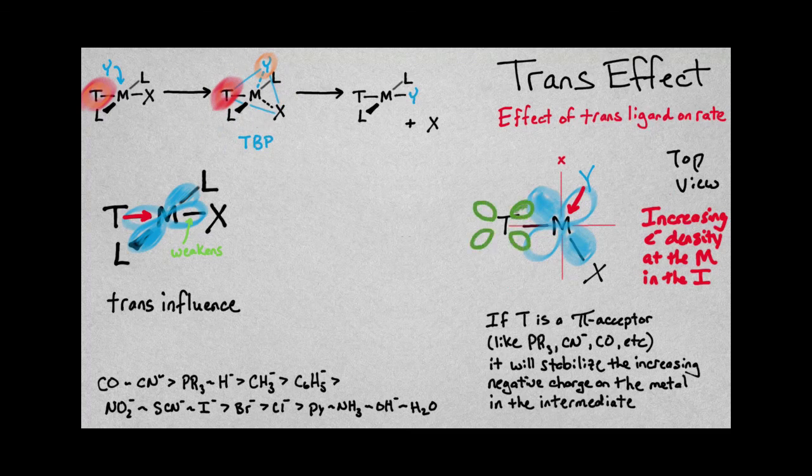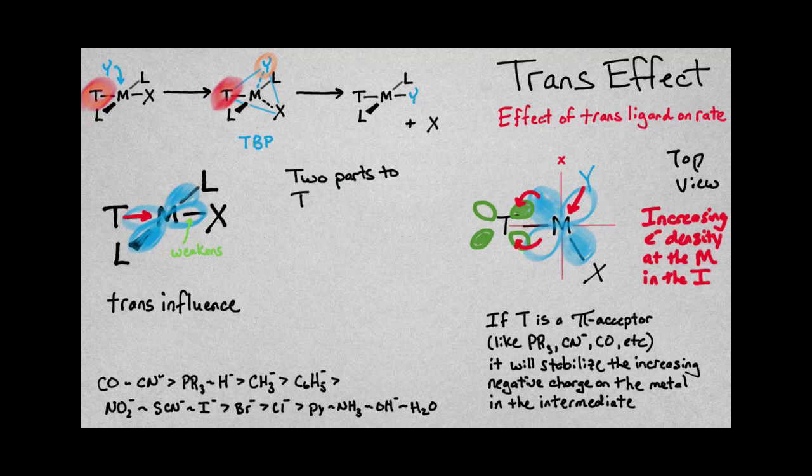Why? Because a pi acceptor has an empty pi star orbital, and remember, it can back bond electron density from the metal into itself. So we have, of course, electron density being donated from Y. That's increasing donation on the metal as we go to the intermediate. But that buildup of electron density can be stabilized by back bonding from that very same orbital into our trans ligand if it's a pi acceptor.